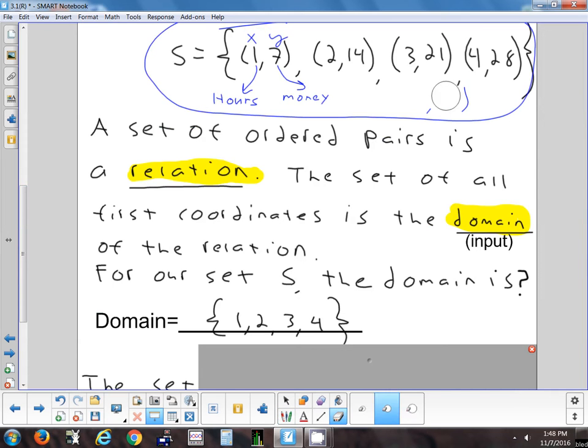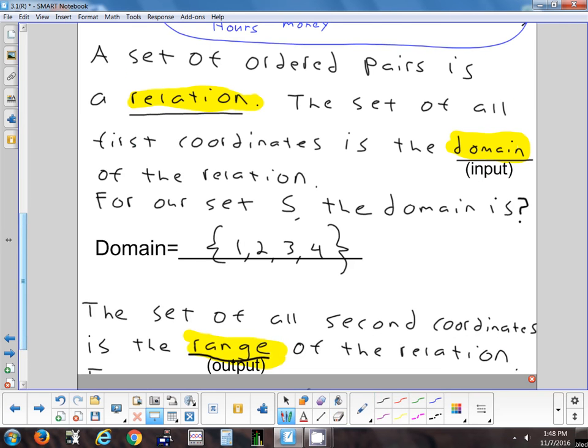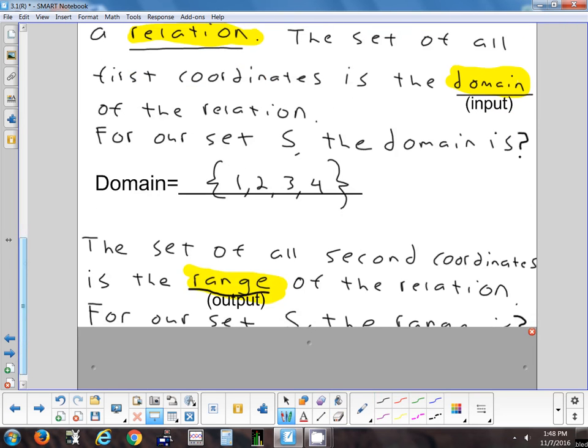Okay, any question on what the domain or input is? Just another name for X. Well, if we've got another name for X, what else do you think we have another name for? Y. Yeah, we have another name for Y. The other name for Y is called the range, or you can also call it output.